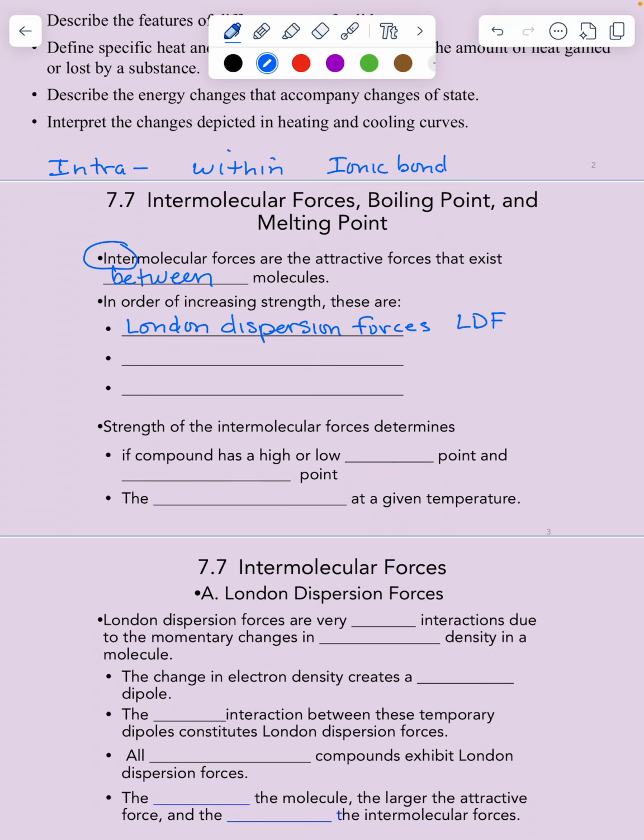These are typically the weakest of the three forces, but that can vary depending on the size of the atom. Next would be dipole-dipole interactions. And then a special type of dipole-dipole interaction is called hydrogen bonding.